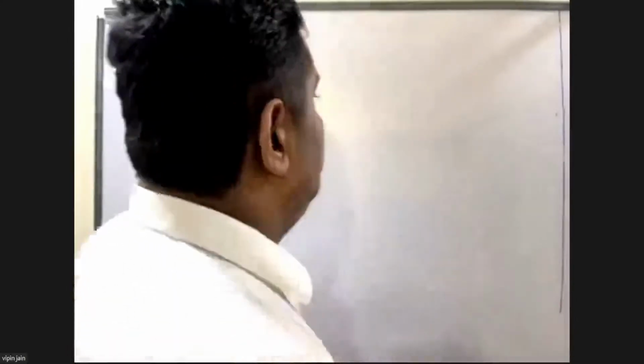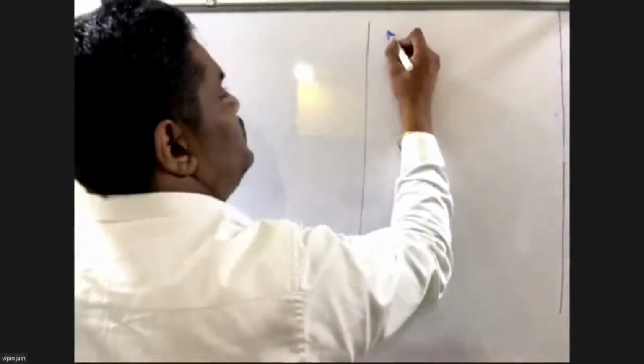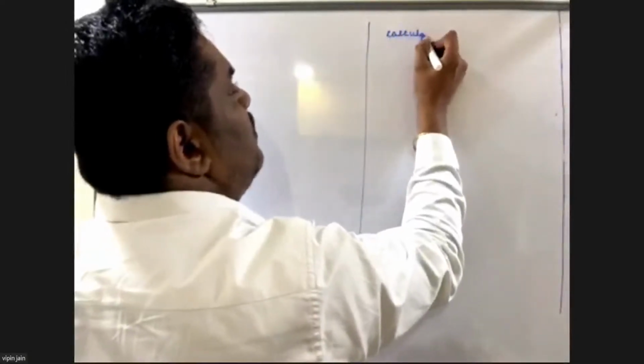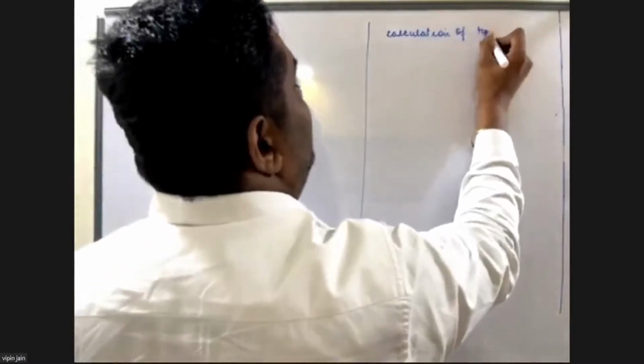So let's start with calculation of ton kilometer. The question is not that tricky, but you have to read each and every word of the question carefully, and then you should approach the solution. So herein we have to start with calculation of ton kilometer.